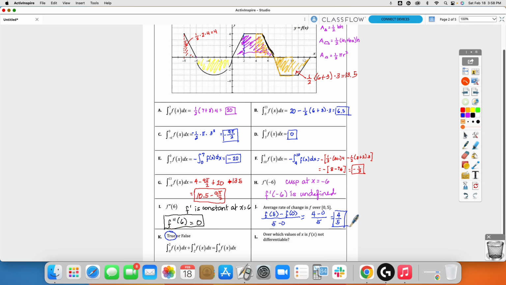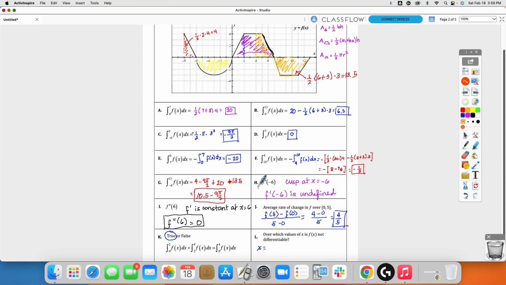Okay. Now next, over which values of x is f of x not differentiable? So whenever you have a point of discontinuity or whenever you have a corner or a cusp, then at that point, f of x is not differentiable.